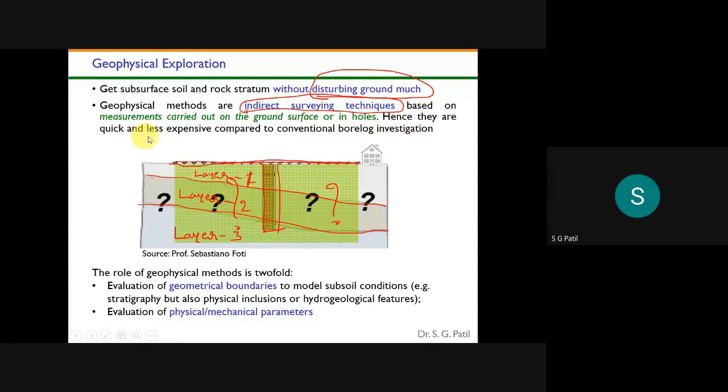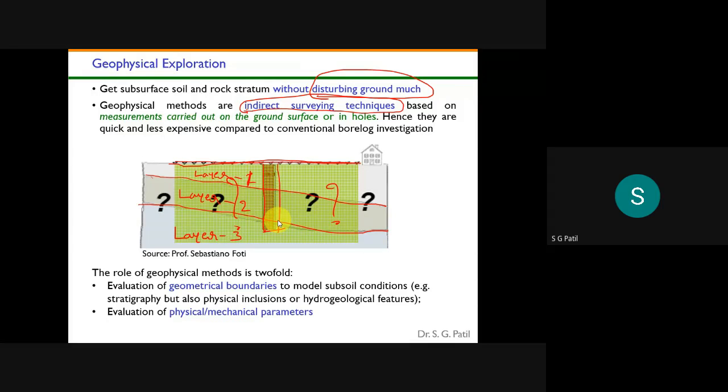Hence, they are quick and less expensive compared to conventional borelog investigation. Why is it less expensive? Because we are not going to drill any boreholes here, and drilling a borehole is a very costly affair. Just to give some numbers, if you want to drill one borehole, there will be two types of cost: the mobilization cost and the drilling cost.